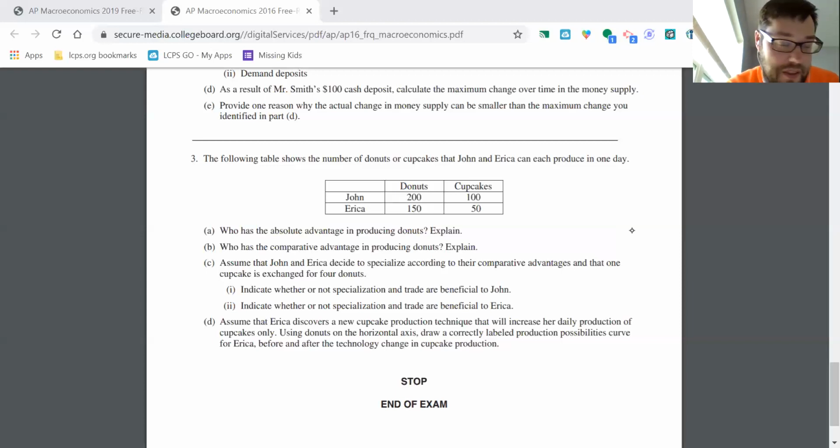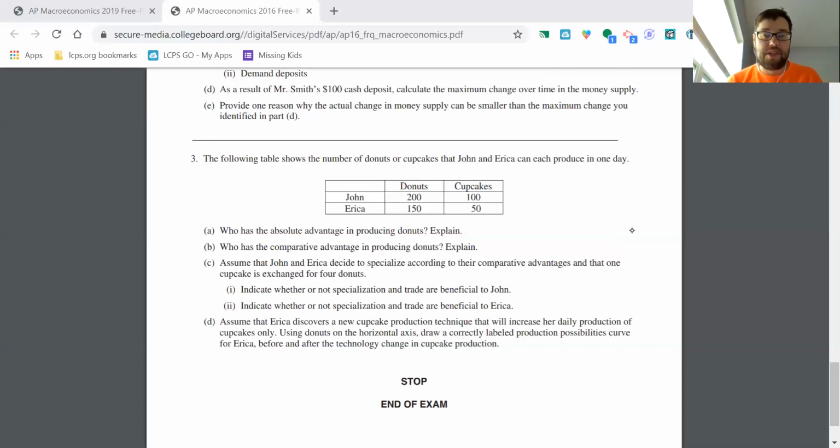So that would be Erica, and she is not experiencing gains from trade. And then John, this answer would be yes, right? He's getting a pretty good deal because he's getting a better ratio of donuts for his cupcakes than ought to be the case given this terms of trade over here.